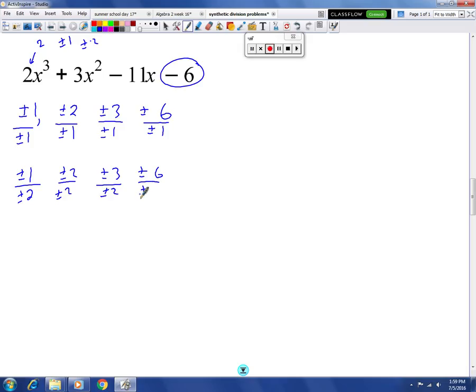Which says, oh, I got twice as many potential roots as I did before. Well, not really. You have more, but not twice as many. First of all, when divided by plus or minus 1, that's not going to change. So I'm going to erase all these.